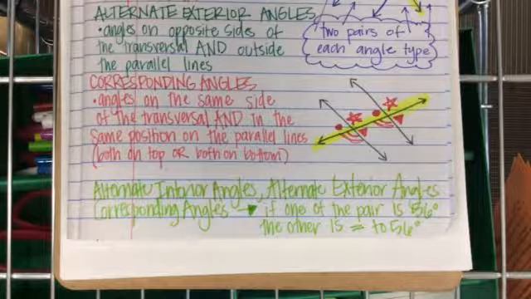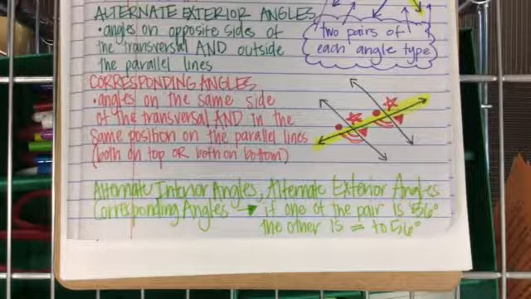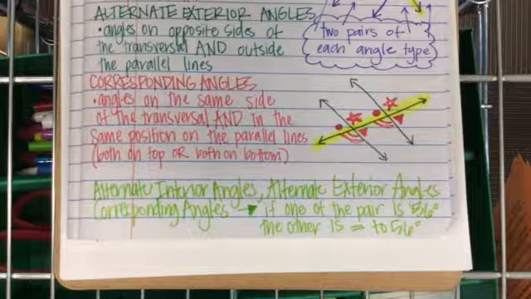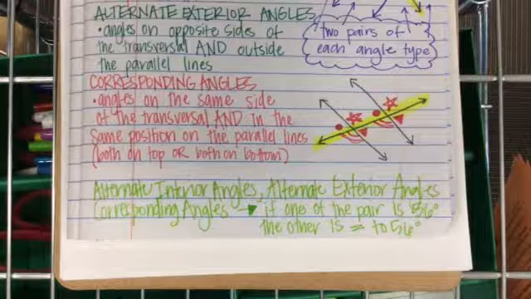If one's acute, the other one's acute. If one's 100 degrees, the other one is 100 degrees. Alternate exterior angles are equal to each other. Corresponding angles are equal to each other. There's one relationship we haven't talked about. Are you ready?